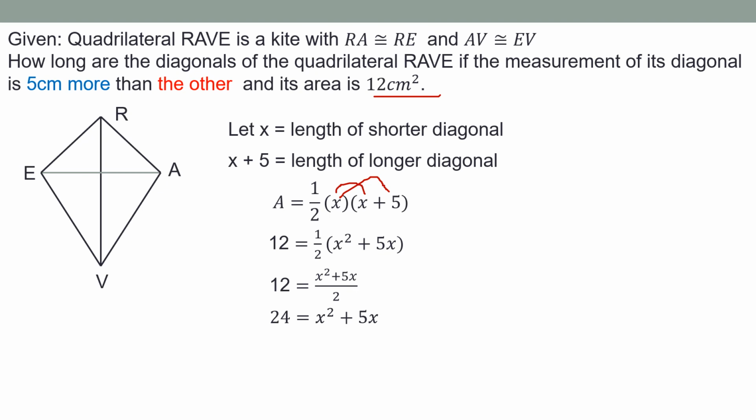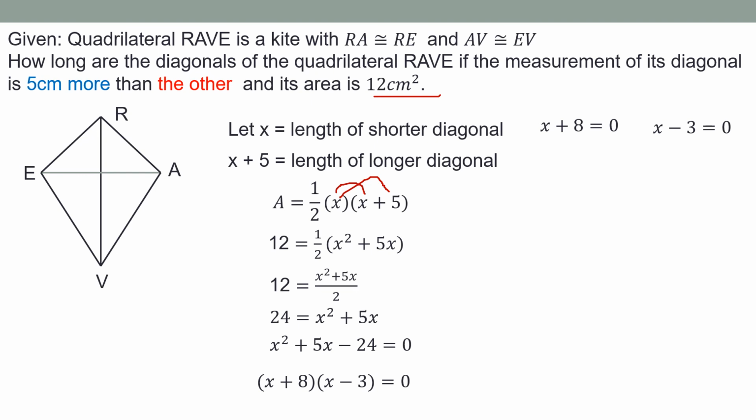And then, let us arrange the quadratic equation into standard form. x squared plus 5x minus 24 equals 0. Let us recall the solutions. We can use factoring. So we can factor x squared plus 5x minus 24 equals 0. The factors will become x plus 8 times x minus 3 equals 0. x plus 8 equals 0, and x minus 3 equals 0.